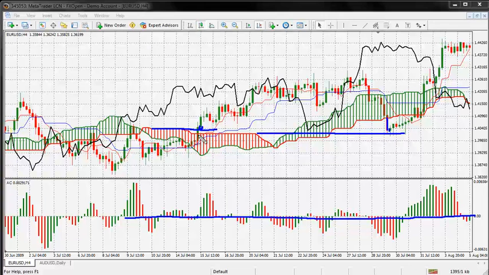But we also get this confirmation here with the accelerator oscillator letting us know it's okay to jump in on this one. So we go in on the next bar, so this will be our alert bar and this will be our entry bar, and then we can target maybe the top of the Kumo here, or maybe the next previous high.